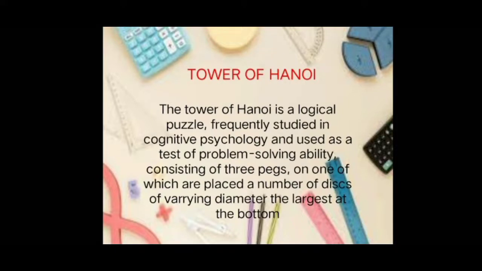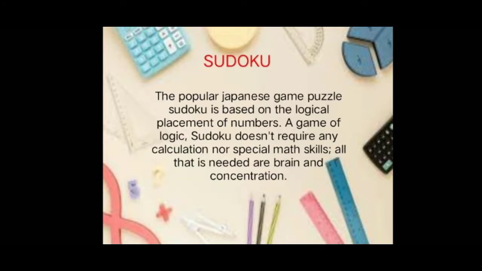Tower of Hanoi is a logical puzzle frequently studied in cognitive psychology and used as a test of problem-solving ability, consisting of 3 pegs, on one of which are placed a number of discs of varying diameter, the largest at the bottom. Sudoku, the popular Japanese puzzle game, is based on the logical placement of numbers.